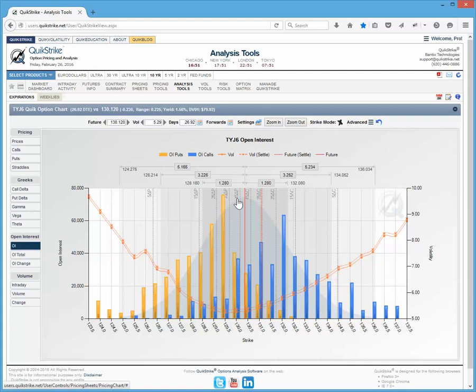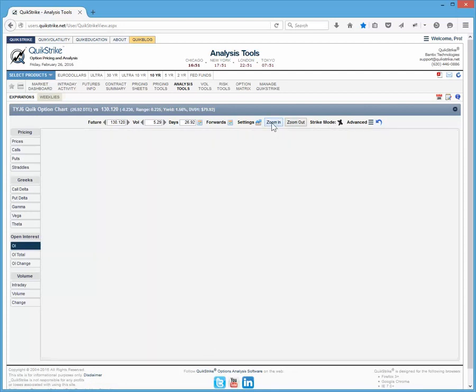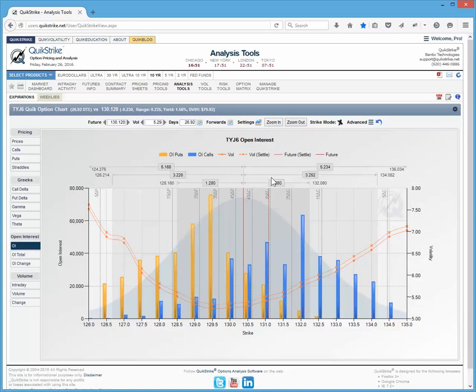So it's meant to give you a visual on pricing and Greeks as well as open interest and volume, like we saw in the expected range. You can move this chart in and out. So if you want to zoom in, you can click the zoom in button, and that's going to lessen the range of strikes on the x-axis, so you can get a more robust view of a particular range of standard deviation.